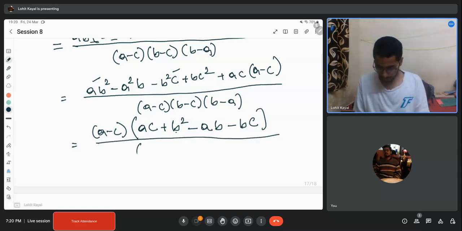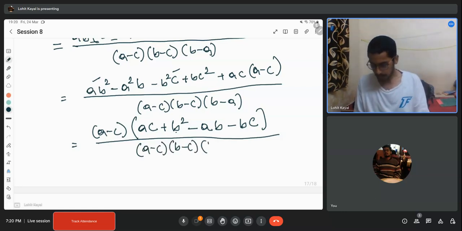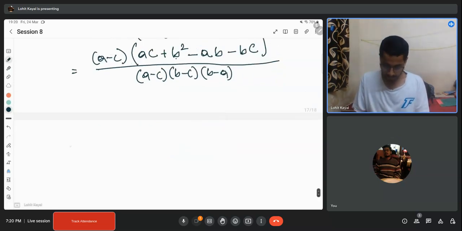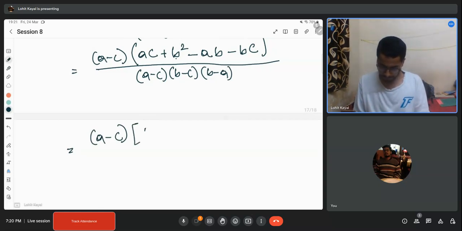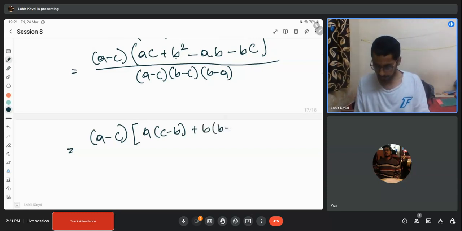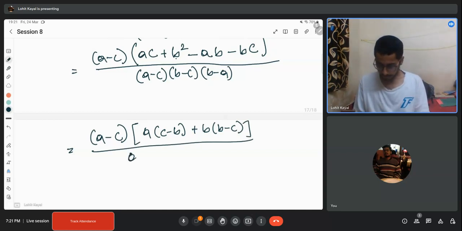So it will be divided by A minus C, B minus C, B minus A. It is equal to A minus C multiplied by A into C minus B plus B into B minus C. So you can clearly see that we will get a common factor here as well.